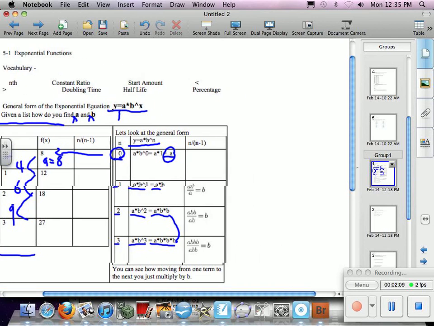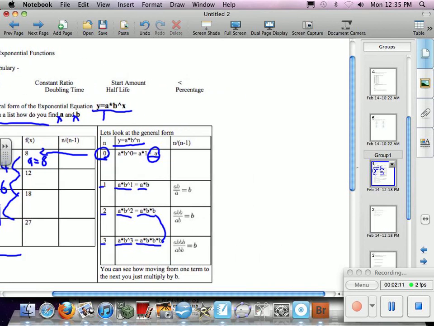Let me give myself a little room here. Okay? So let's call the nth term the current term. Okay? And in order to get that current term, I take the n minus 1th term and I multiply it times b. Okay? To get that current one. So in order to solve for b, all I have to do is divide by that previous term, the n minus 1th term.